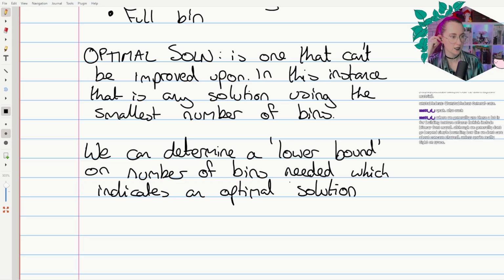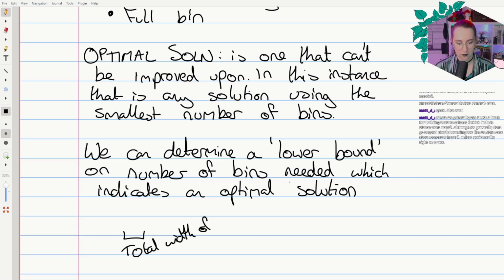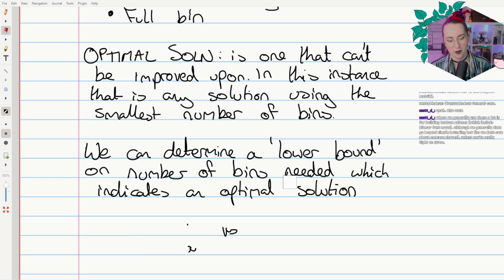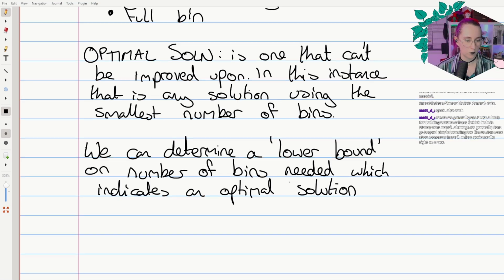So the lower bound in this instance being, okay, if all of my books are, I don't know, 10 centimeters across or whatever, the total width of books, and then we take the total number of shelves plus remainder. It's going to be one more than how many it fits into. So I can write that out, hopefully in more coherent words.